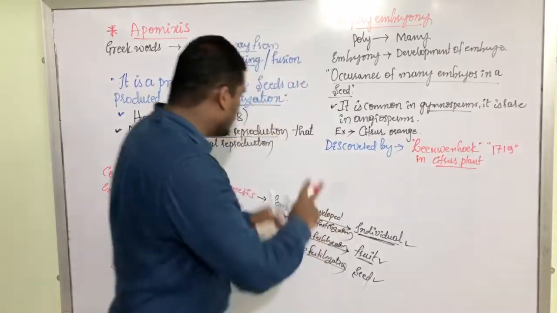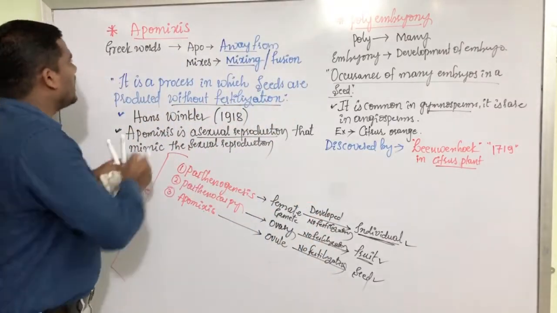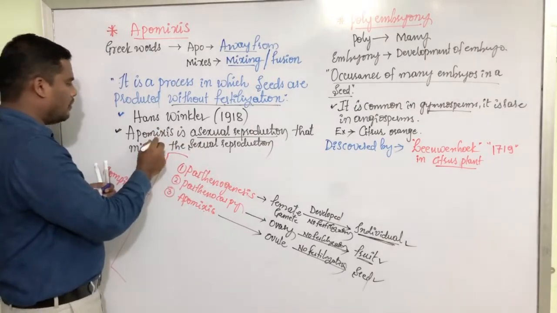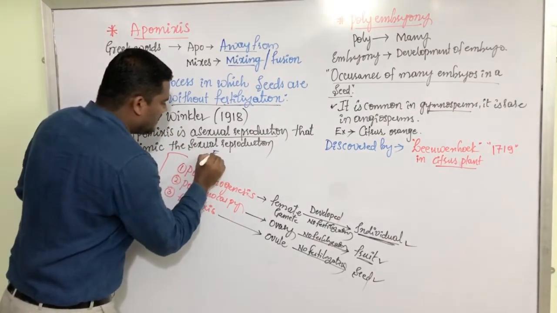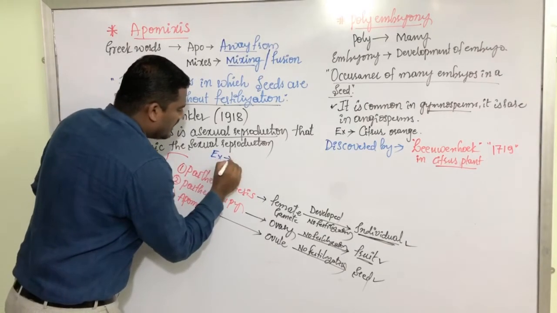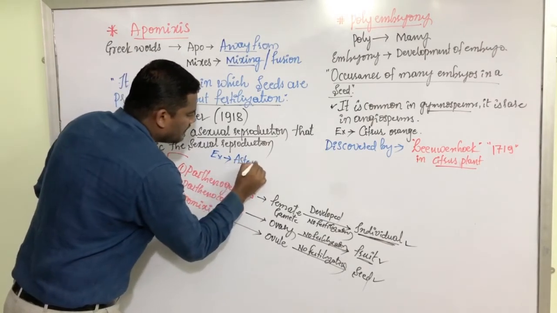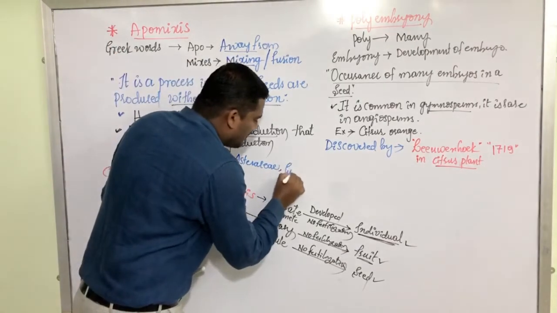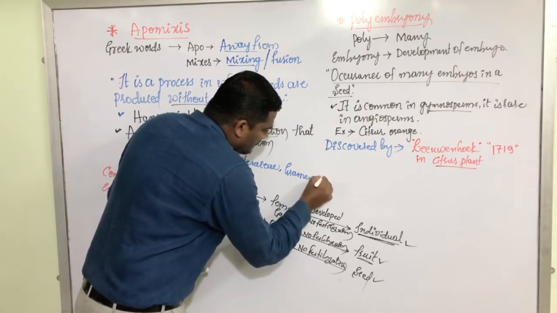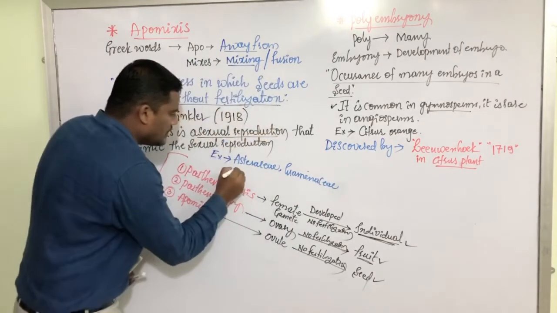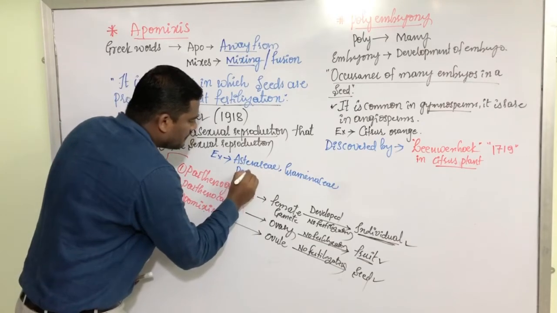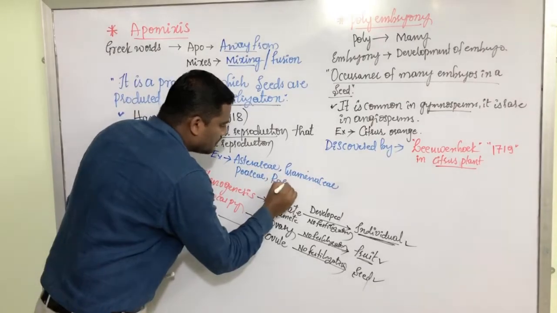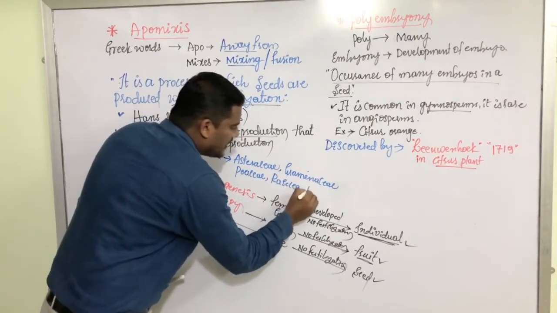One thing we forgot to mention is that apomixis is generally seen in the Asteraceae, Gramineae, Poaceae, Rosaceae and Rutaceae families.